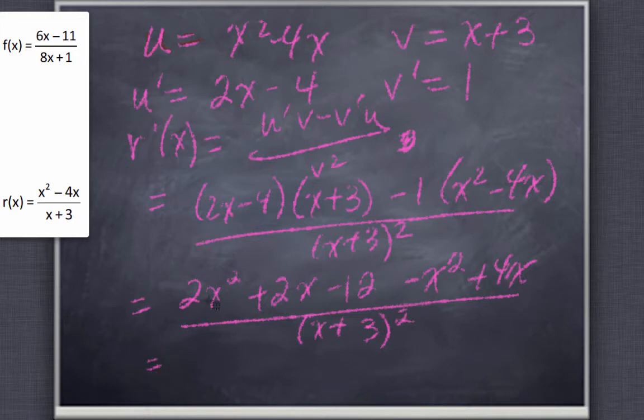Let's see if I can stay above this. So 2x squared minus x squared is a single x squared, plus 2x plus 4x, minus 12.